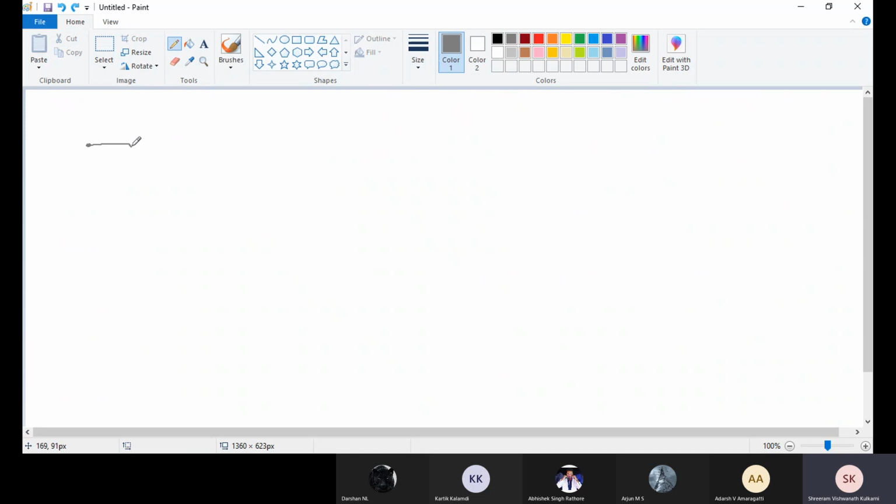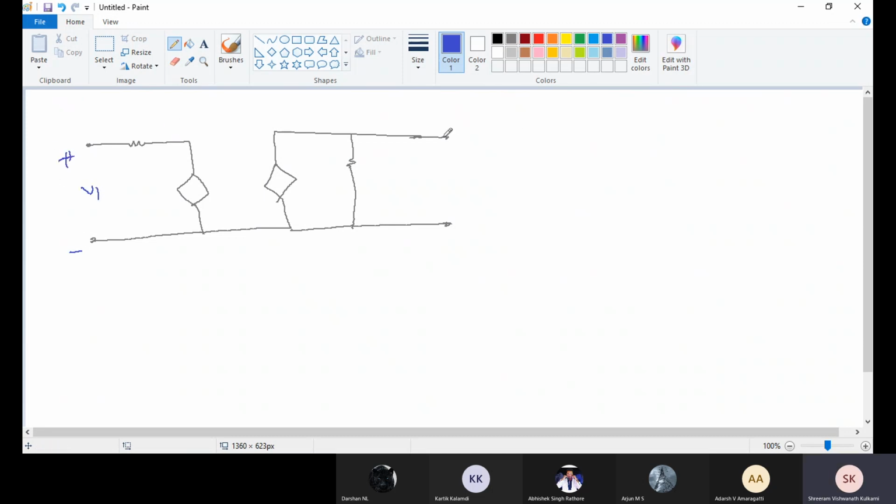Here the input is V1 and the output is V2. This is given as 2 ohm, this is given as 3V2, and this is 5I1. Here 5 ohm, this is I2, here I1.